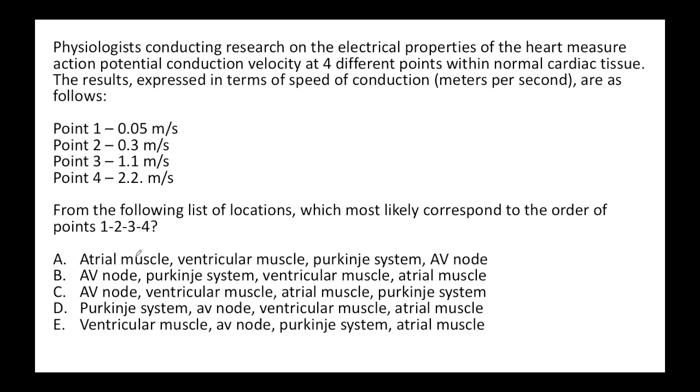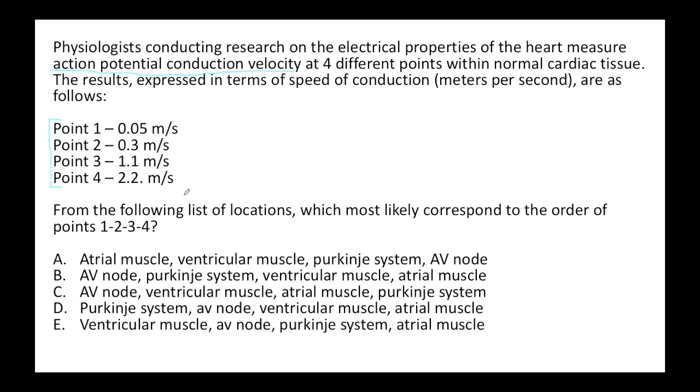So just to note here, because that first sentence was a little wordy, we're looking at action potential conduction velocity. Okay. Well, I'll give you a little hint here. So we have point 1, 2, 3, and 4. So which one is fastest?